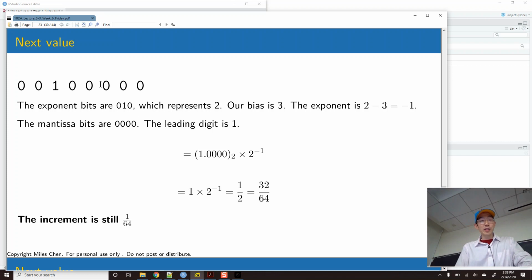I guess 32. And so the exponent bits are 0, 1, 0, which represents 2, and the mantissa bits are this, and the leading digit is 1, and so we are at 32/64ths.